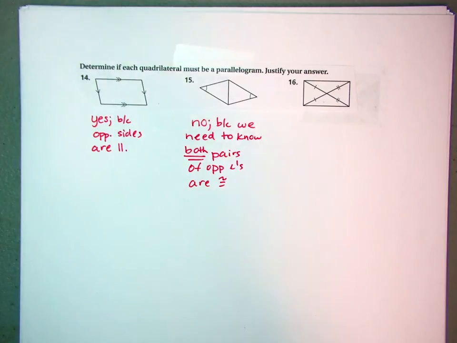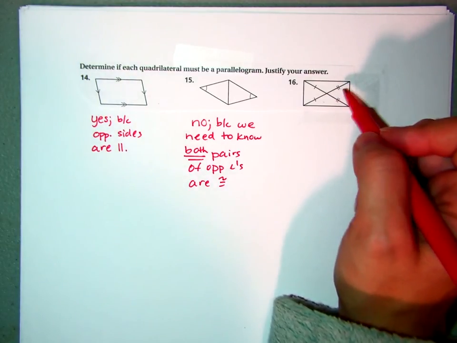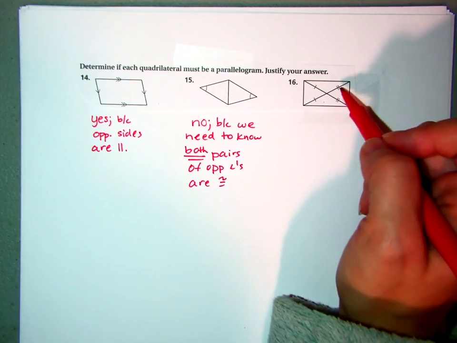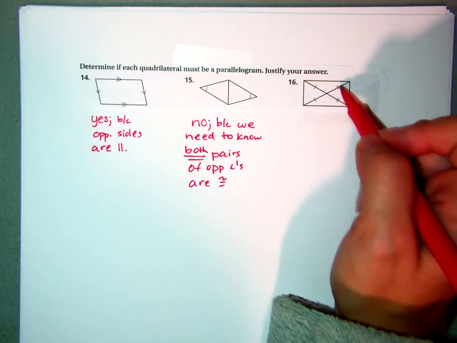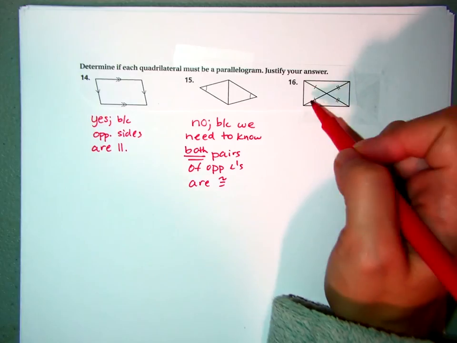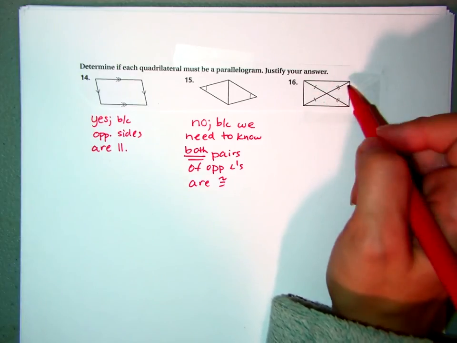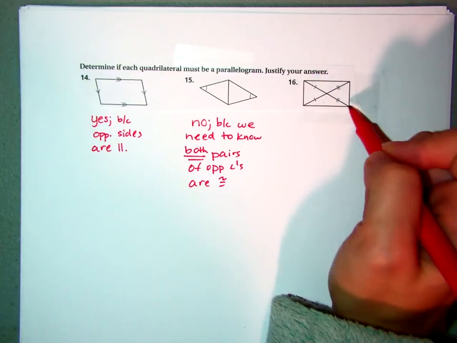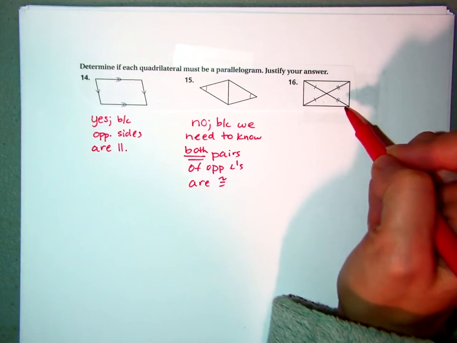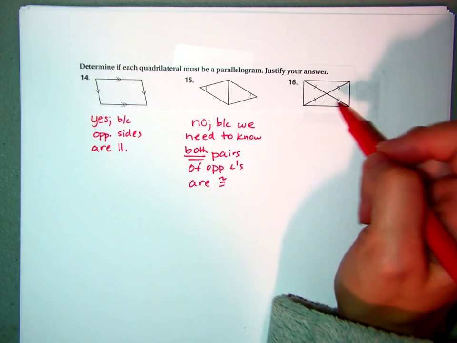And then number 16, if you look here, this one gives the indication that you have essentially isosceles triangles because these two sides here are congruent, which means the base angles are congruent, and this one as well. What you also can look at is you could say, hey, the diagonals here potentially could be congruent, but the issue is that diagonals can be congruent in both a rectangle and an isosceles trapezoid.